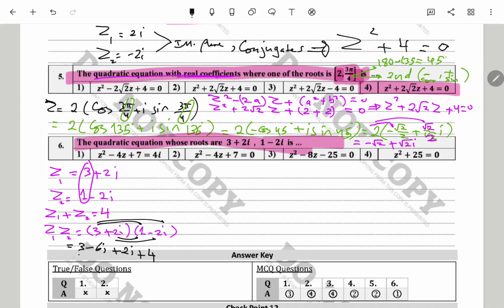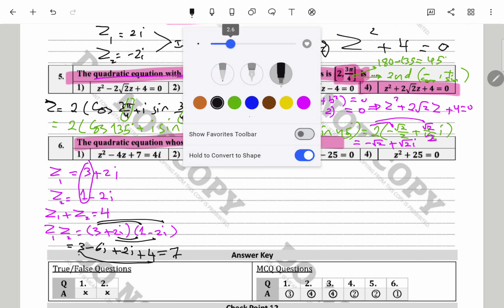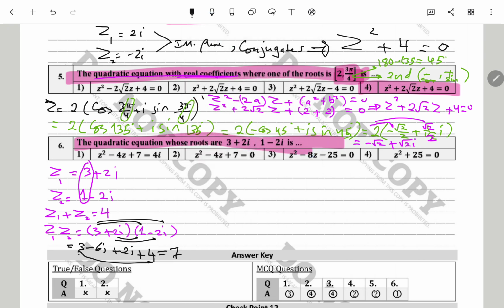So you can add now reals together and imaginary together. 3 plus 4 is going to be 7, and imaginary, negative 6 plus 2, will give you negative 4i. This will be our product and summation.